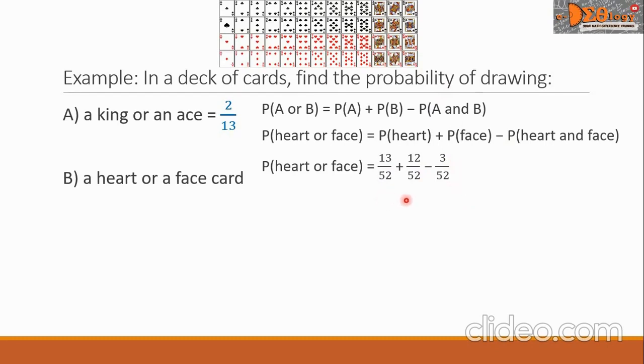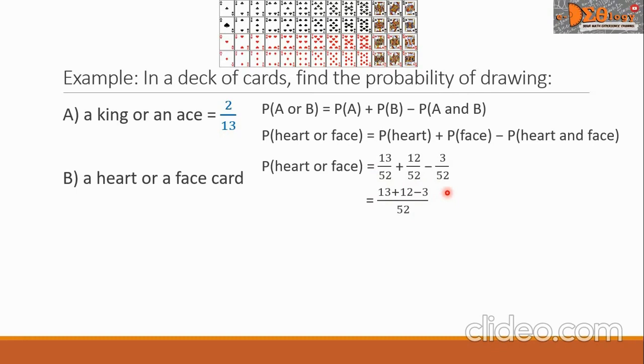Then let us simplify the fractions. We can see that the denominators are the same. So we can write the numerators 13 plus 12 minus 3 all over the same denominator 52.